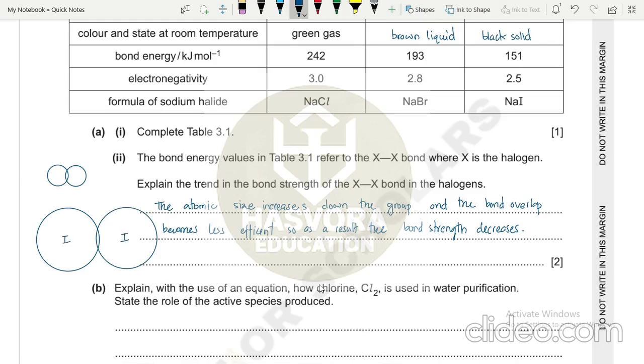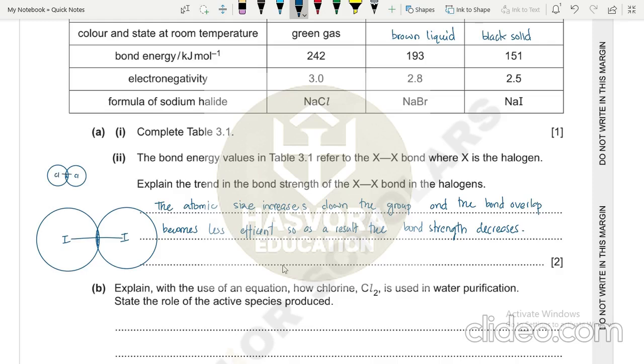Now you can see that this overlap is becoming inefficient. The bond length is much more than that of chlorine, and the nucleus will find it much more difficult to keep hold of the shared pair of electrons than in chlorine. In chlorine, they are much closer than in iodine. So this is the main concept behind this, the bond length.